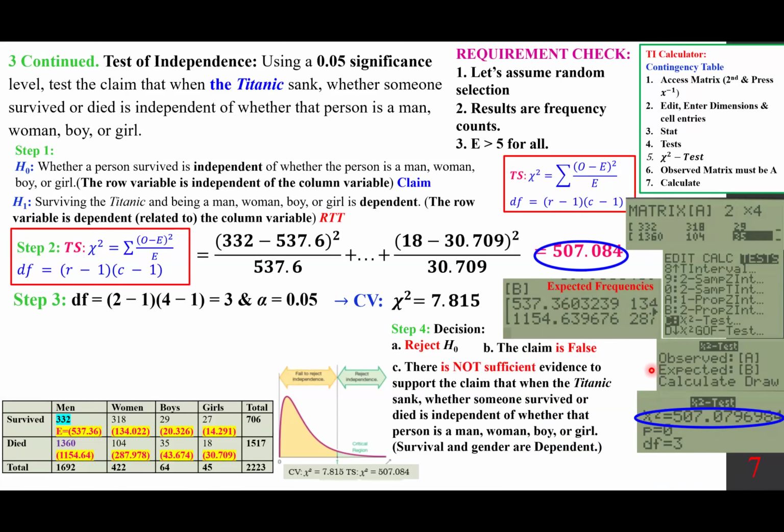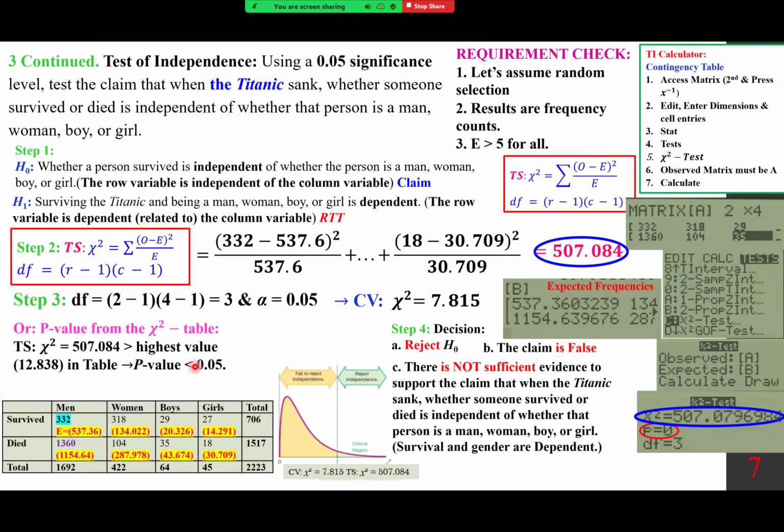So first and foremost, this is the chi-squared value that was calculated here. Secondly, the P value, which is 0, definitely less than alpha of 0.05. So reject H0. By the way, this is coming from the table. It's very limited. Chi-square is larger than the highest value in the table, and you really want to stick with the technology.